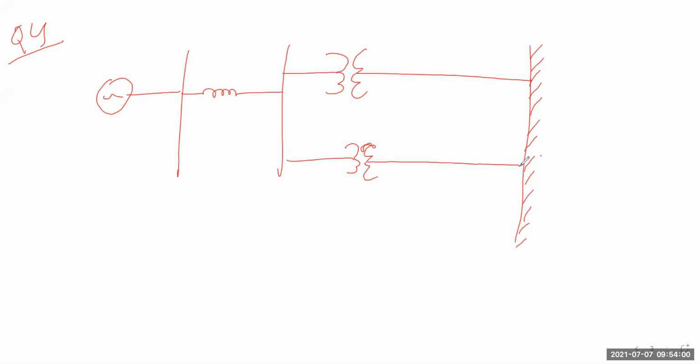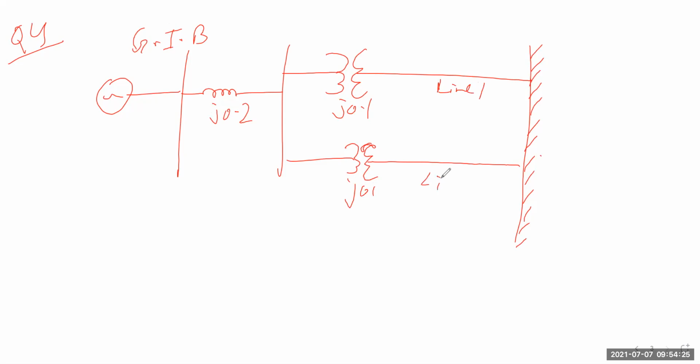The single line is given whose value is 0.2. The generator internal bus, this is your Z, 0.1.